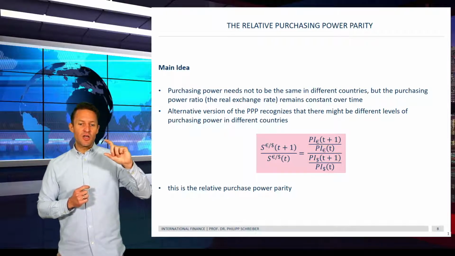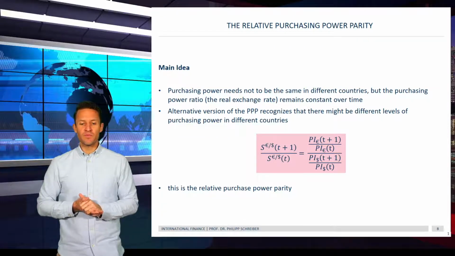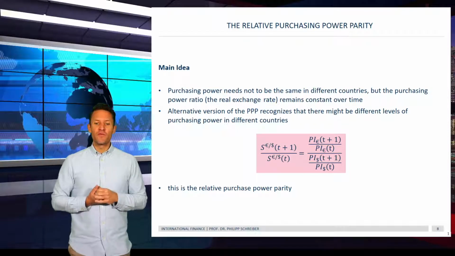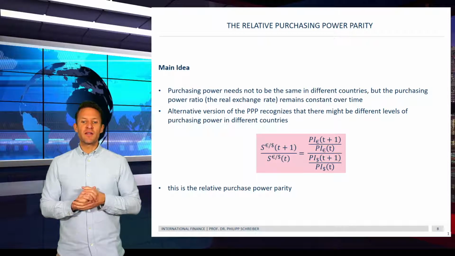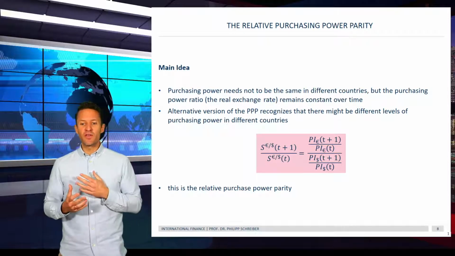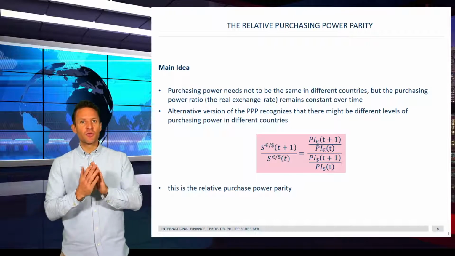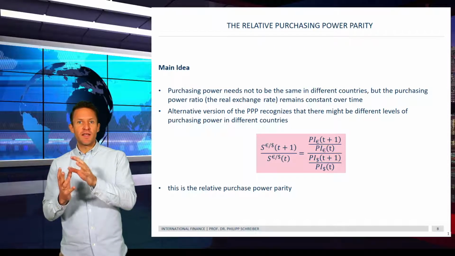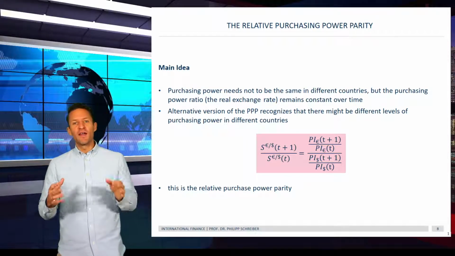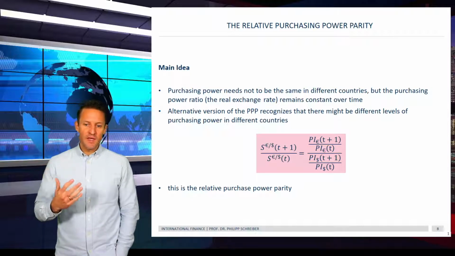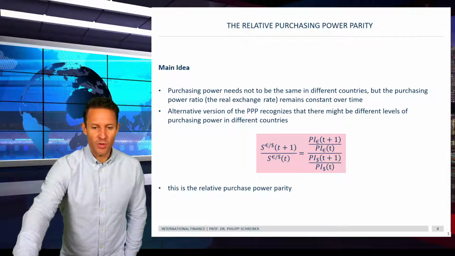So this change should be similar to the change in exchange rates. So that's an alternative version of the purchasing power parity. It's the relative purchasing power parity, and it recognizes that there might be different levels of purchasing power in different countries, but changes should be explained by changes in the price of these representative baskets. Okay, I understand that this is a bit more complex, but the idea, I guess, is somehow straightforward.